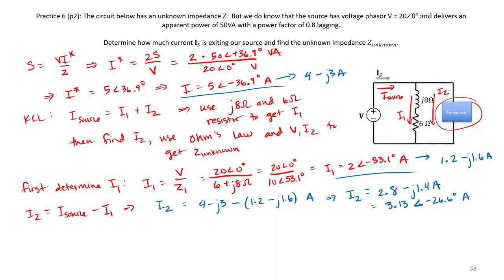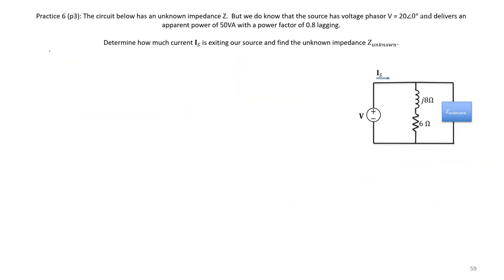Now that we know I2 and we know V, the last step is to find Z unknown. We know that Z unknown will be equal to our voltage V divided by the current I2. This gives us 20 angle 0 degrees divided by 3.13 angle negative 26.6 degrees amperes.